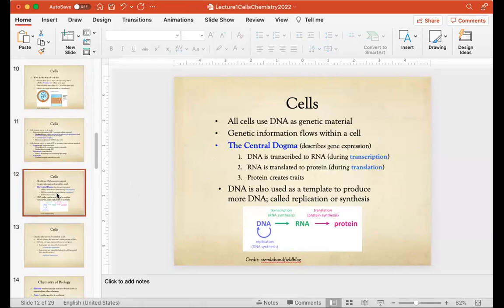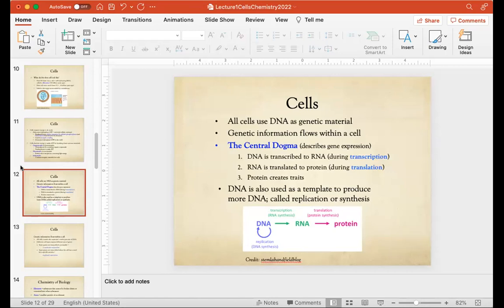It doesn't matter if it's a bacterial cell or an archaeal cell or a eukarya cell. All of them use DNA as their genetic material. And remember, DNA is simply code. DNA is a molecule that stores information. And the cell has to then decode the DNA in order to build protein.